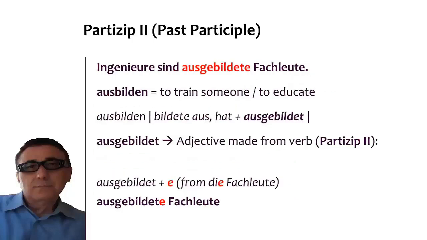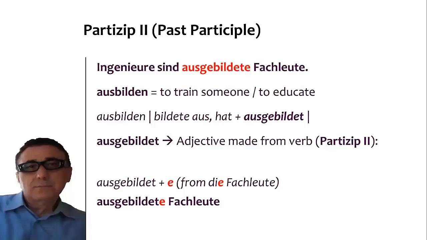Do you remember our original sentence from the first lecture? Here I took a very simplified, very short version of this sentence just to show you the Partizip II in our original sentence. Ingenieure sind ausgebildete Fachleute.